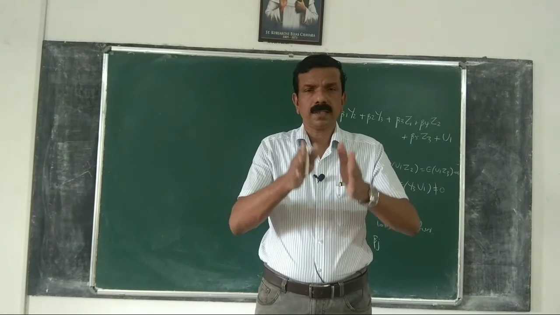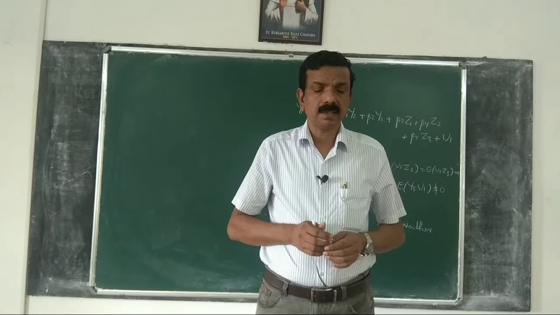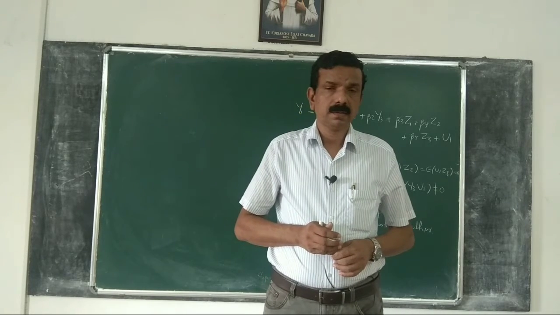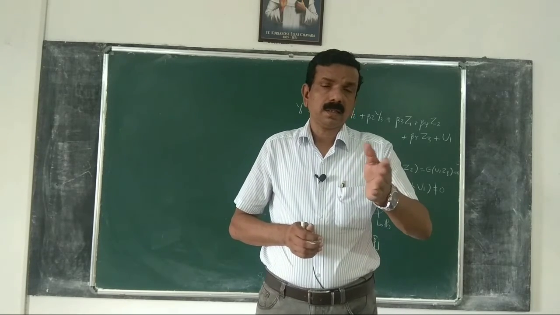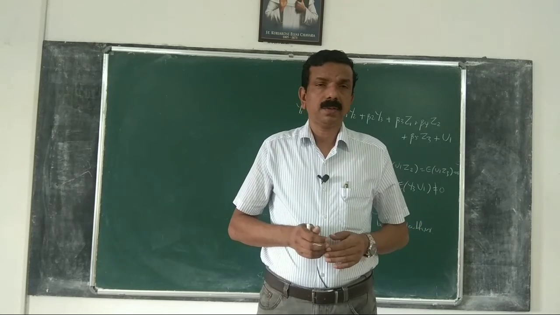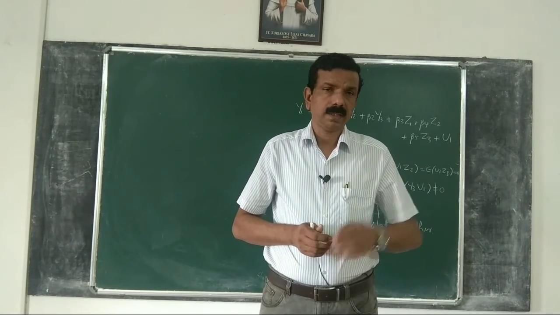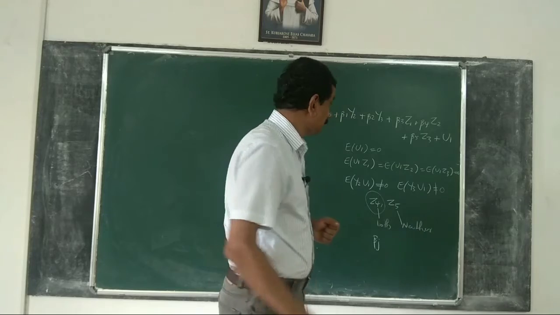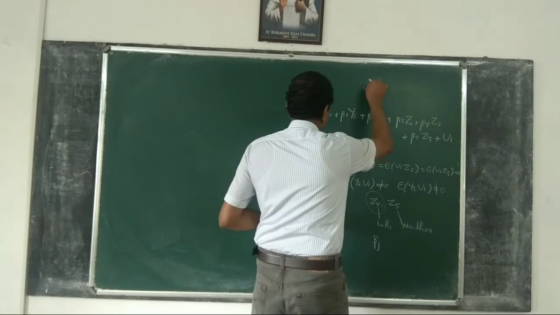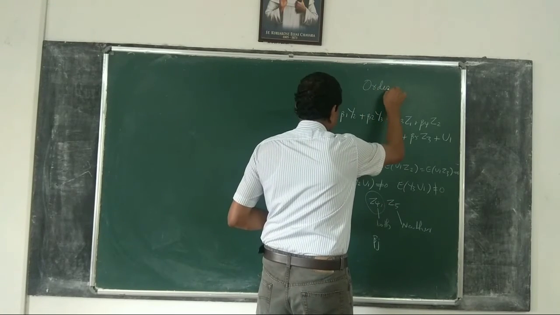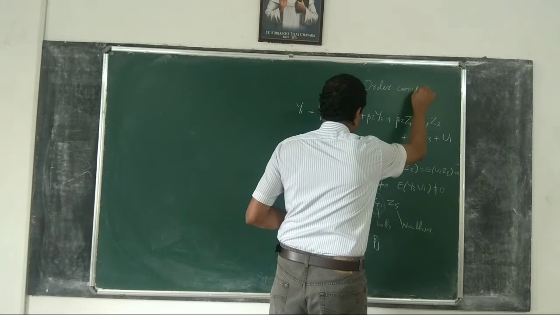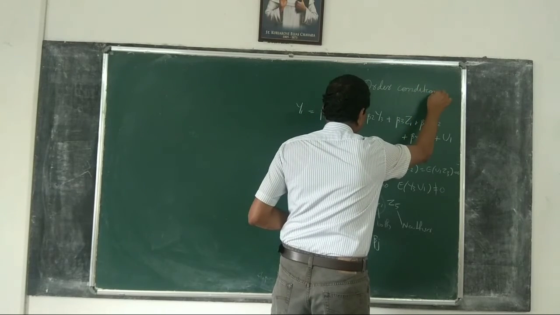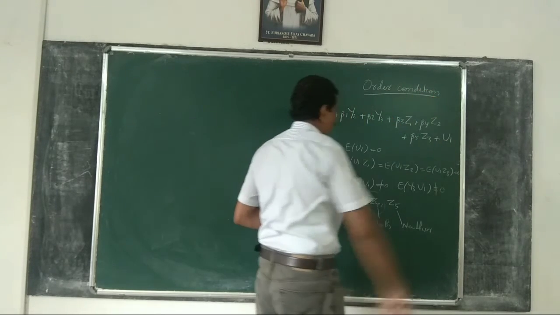Anyway, we can state the necessary condition for identification when there is more than one endogenous variable. And this necessary condition is known as the order condition. Order condition for identification. Remember this.